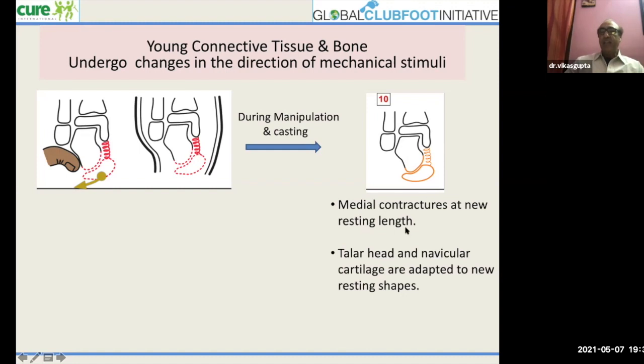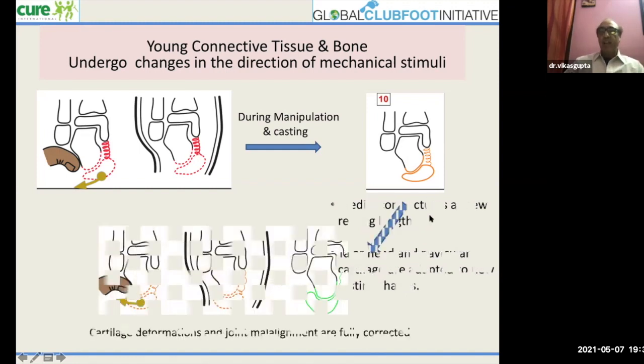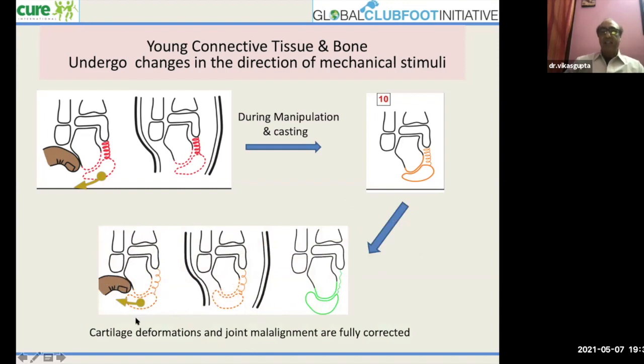Gradually, the talar head and the navicular are also adapted to a new shape. And with the final cast, these cartilaginous deformations are fully corrected, joints are aligned, malalignment is corrected, and you can see in the shape, it looks like a normal talar head and a normal navicular. So this is the principle of creep phenomena and clay modeling.